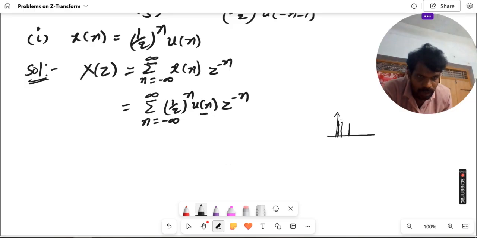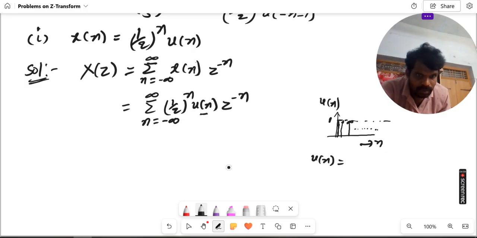Its amplitude value is 1 for n greater than or equal to 0. So u of n is equal to 1 for n greater than or equal to 0, and 0 for n less than 0.